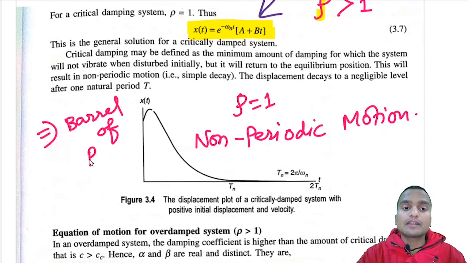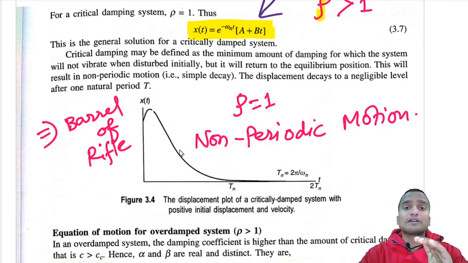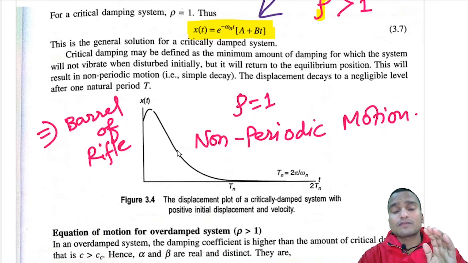When the army shoots bullets from the rifle, it gets a jerk, but the jerk is not like a vibration or oscillatory motion. It just decays in one natural time period.